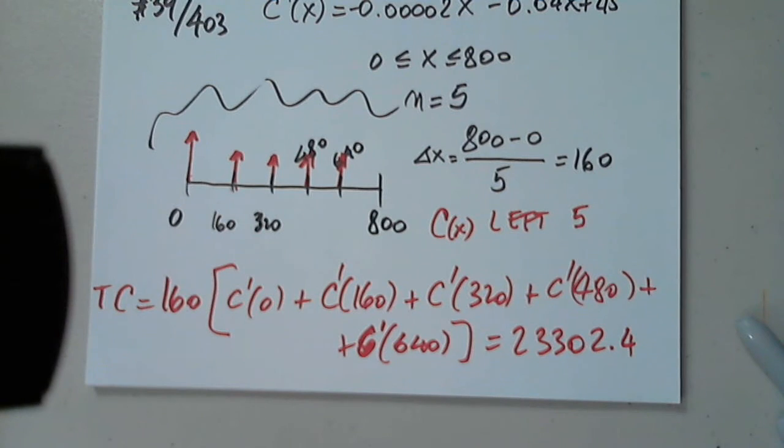Did I copy the function correctly in both situations? Negative 0.0000, I saw 4 zeros. Did I enter all these correctly? I did.